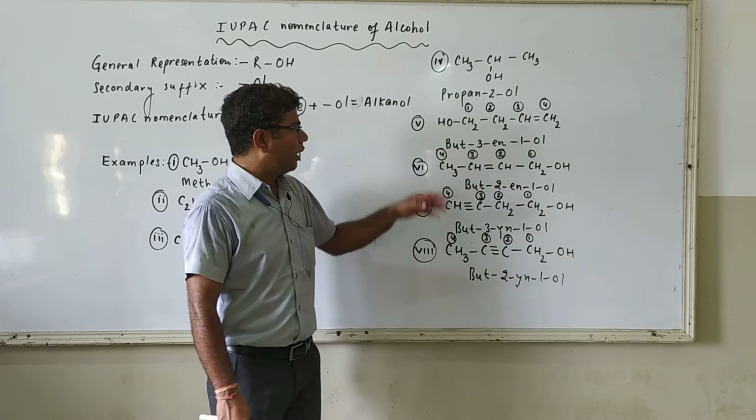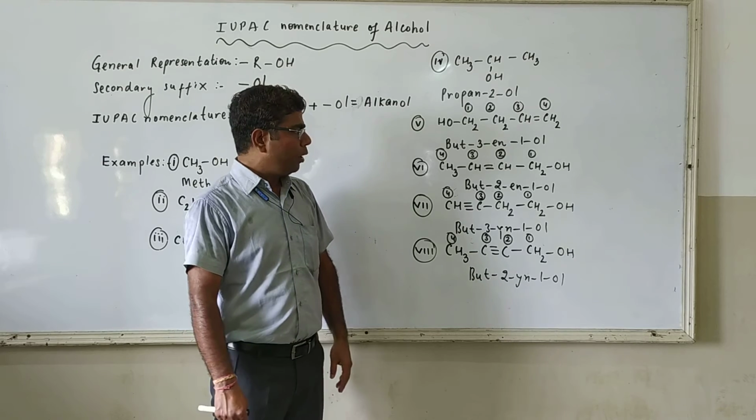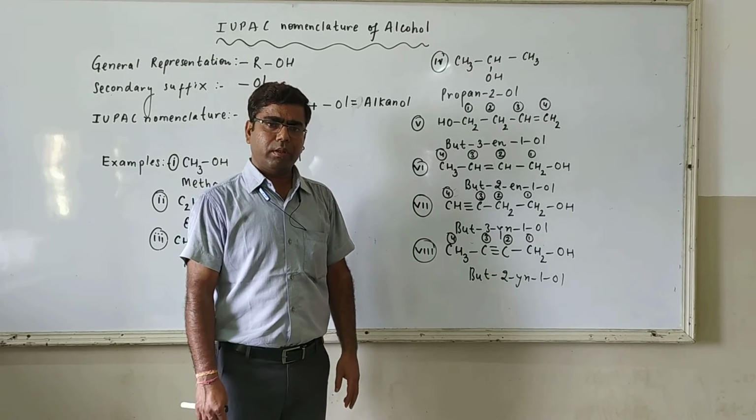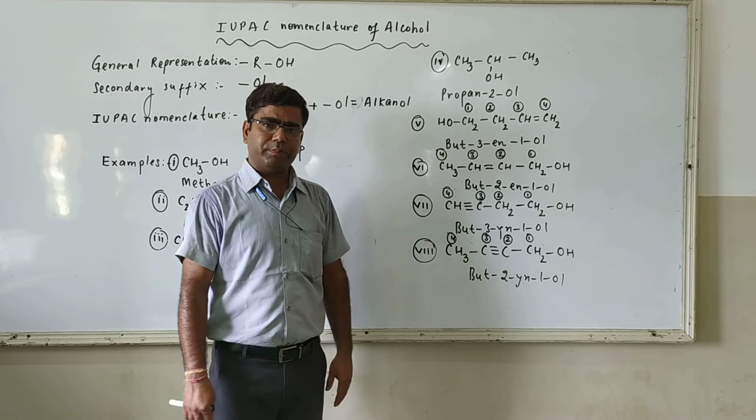So compound number 5 is named as "but-3-en-1-ol".